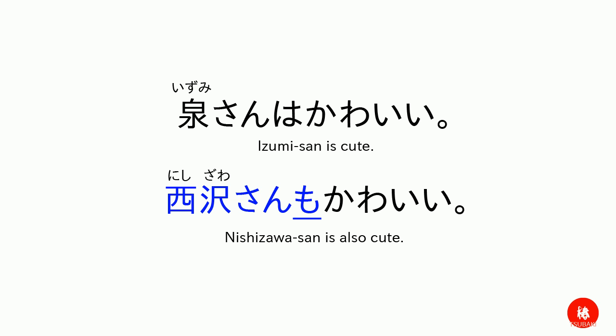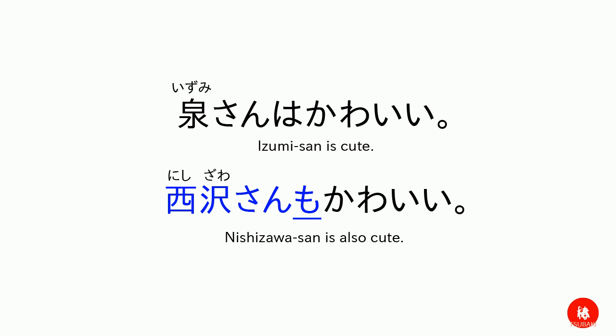In this case, instead of using the wa topic particle, we substituted wa with mo for Nishizawa-san, and now Nishizawa-san is treated as an addition to what was being discussed before. So first, Izumi-san is cute, and now Nishizawa-san is also cute.